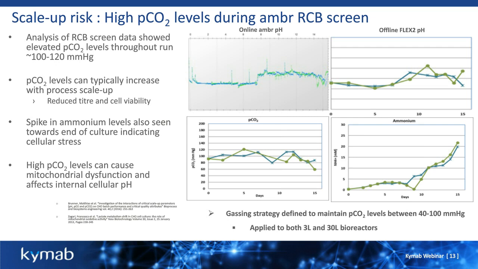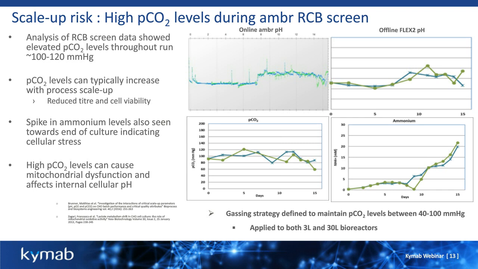One of the major scale-up risks that we were able to identify was high PCO2 levels during the RCB screen. Now, this was possible due to the availability of the full profile of PCO2 data.